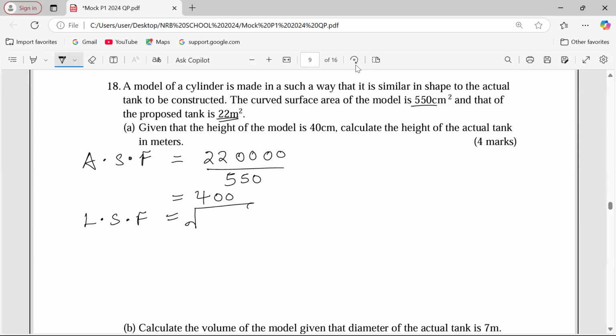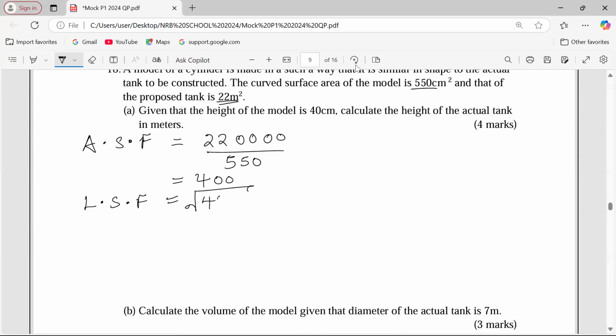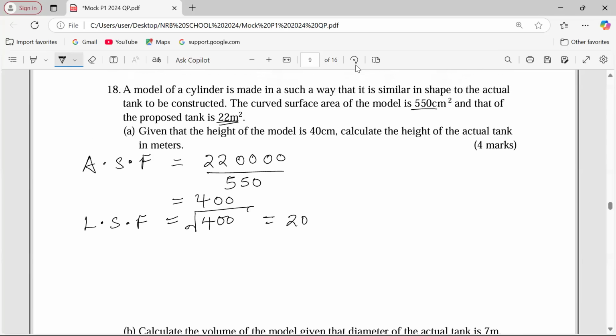So the root of 400 is equal to 20. Now that we have the linear scale factor, we can relate lengths, because lengths are measurements in one dimension, and they are related using the linear scale factor.